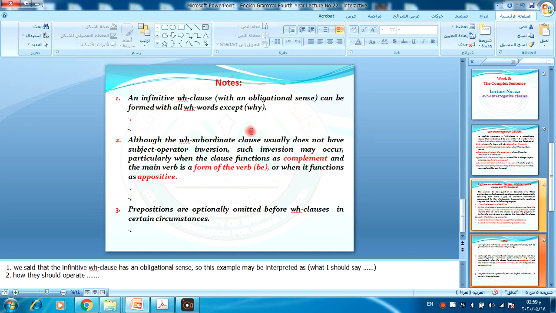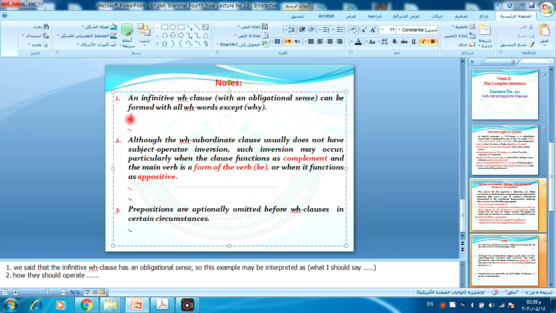Okay, now we have some notes that we have to mention about the WH interrogative clauses. So sometimes an infinitive WH clause with an obligational sense can be formed with all WH words except with why.